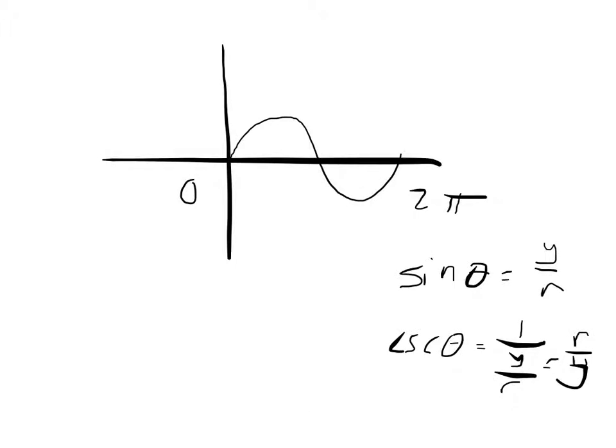So your textbook shows you a quick introduction to the secant graph on page 284, since they do that there. I'm going to look at a quick introduction to your cosecant graph. Let's remember that the cosecant is the reciprocal of sine. So if your sine's y over r, your cosecant is going to be r over y.